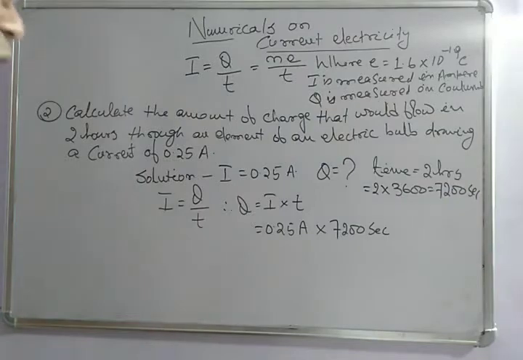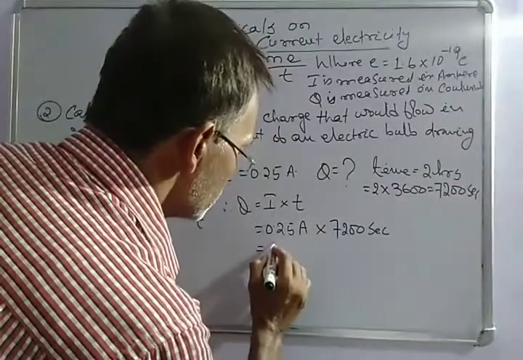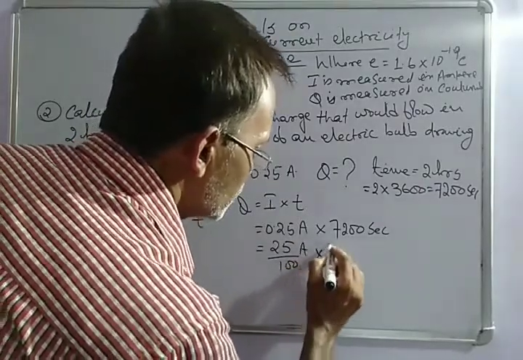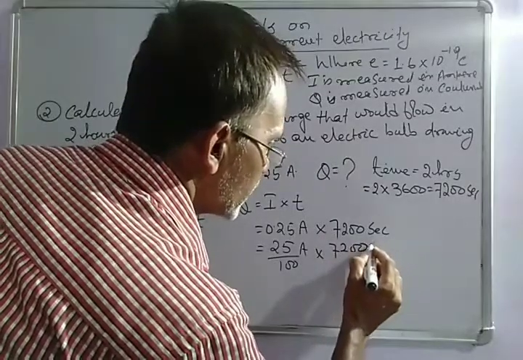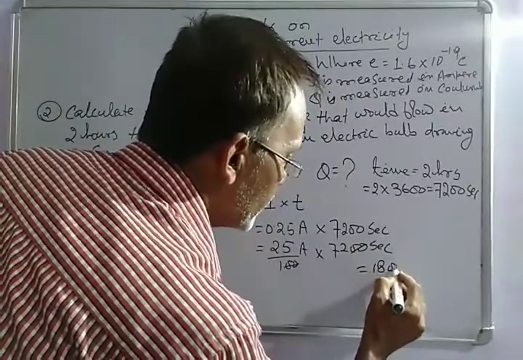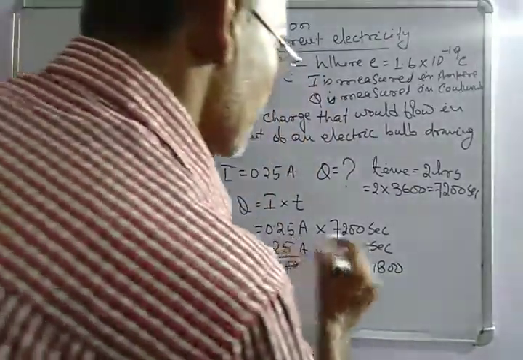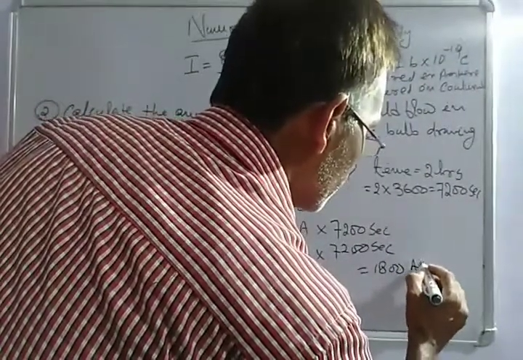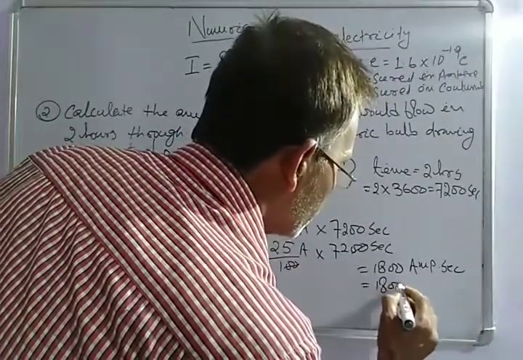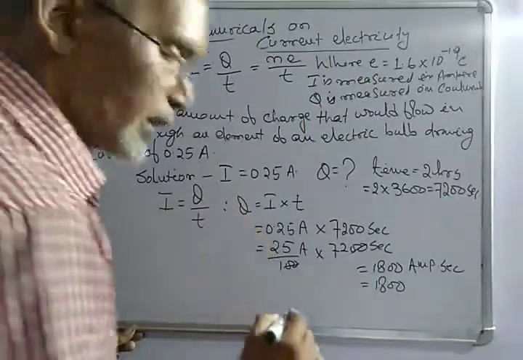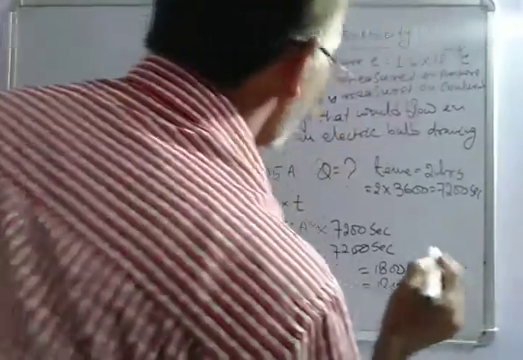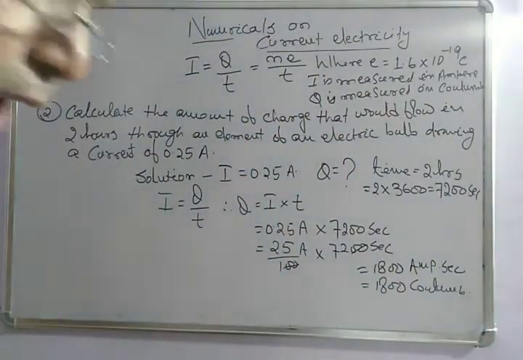So this will be equal to 25 by 100 ampere into 7200 seconds. So cut off the zeros, you will get 1800 ampere second. What has been asked? 1800 coulomb. So this is all about the second question.